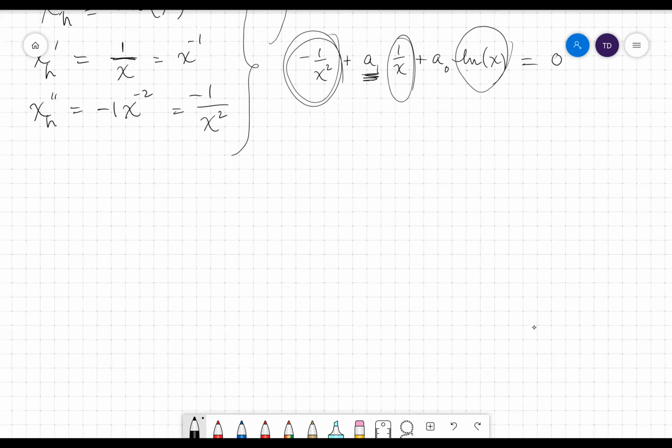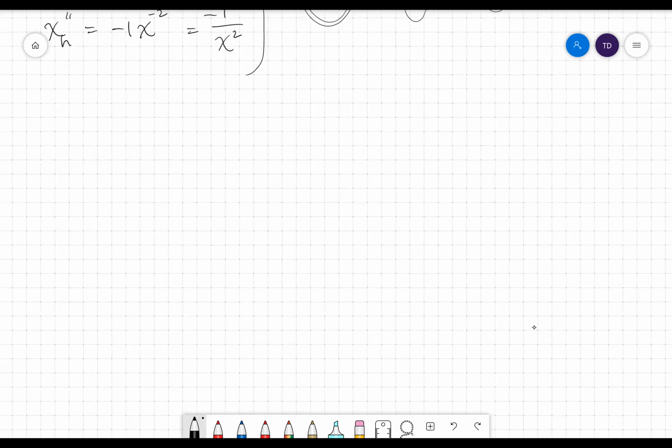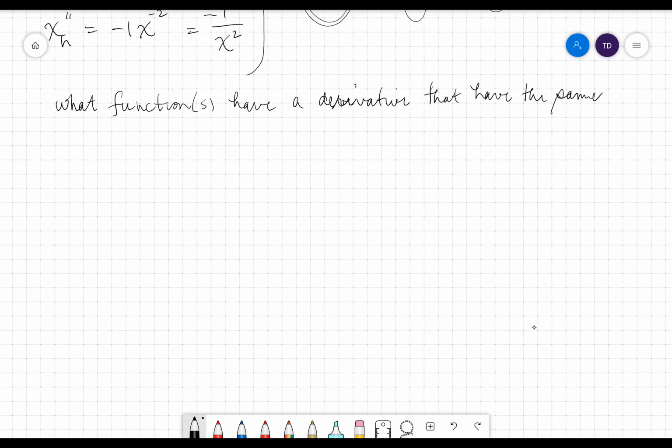So I have to think of functions. So what functions can you think of? What functions have a derivative that has the same form as the function itself?